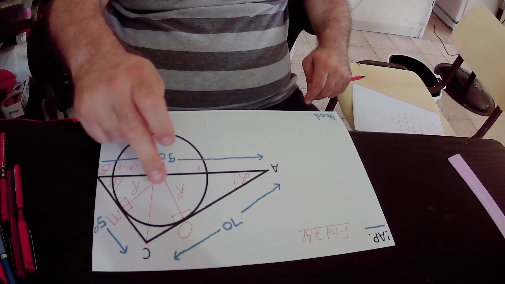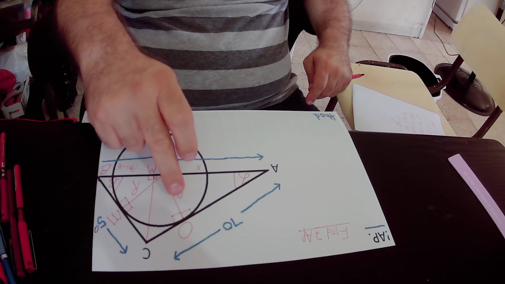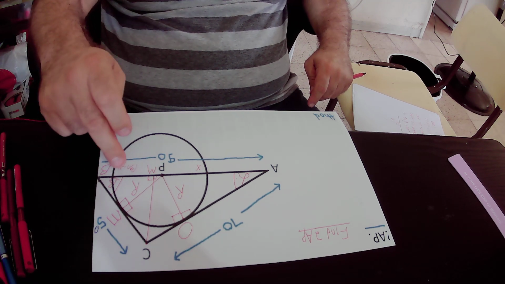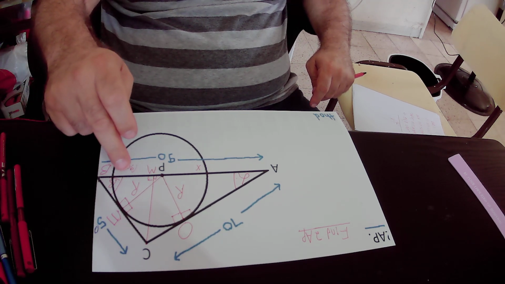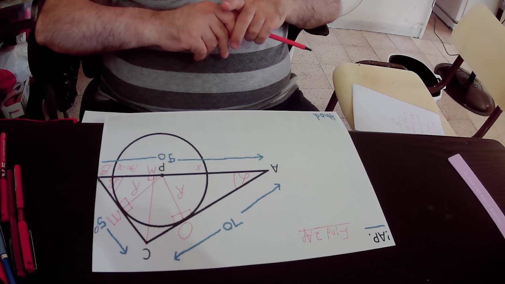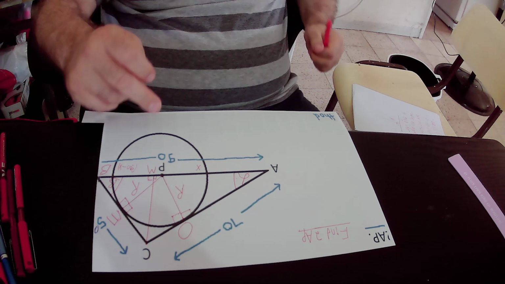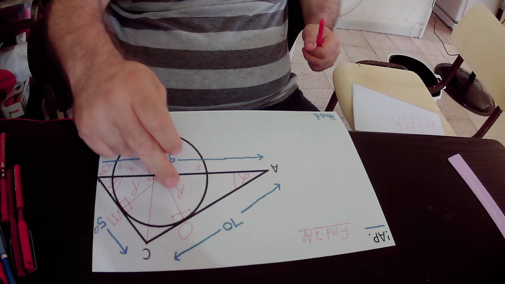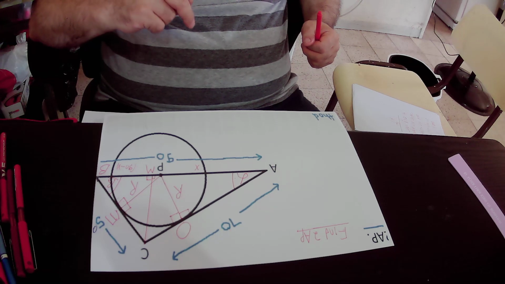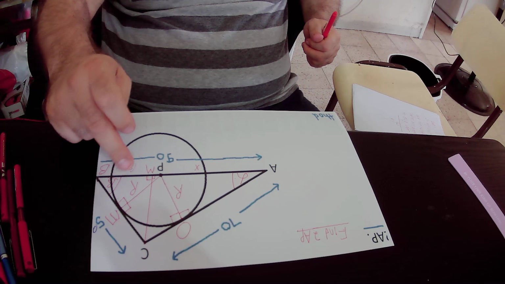The first tangent, side AC, is tangent to this circle at point O, and also side CB of triangle ABC is tangent to this circle at point E. We connected points P and O together by a straight line, and we also connected points P and E together.